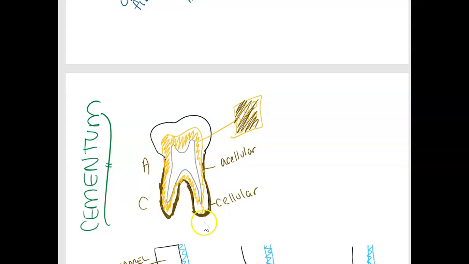So cellular cementum is the one that we get a lot more of throughout our life. The older you get, the more cementum we'll have because of the constant attrition that we get. So the cementum is built to compensate for the attrition. So acellular cementum is on the top, towards the enamel, and cellular cementum is towards the apex of the root.